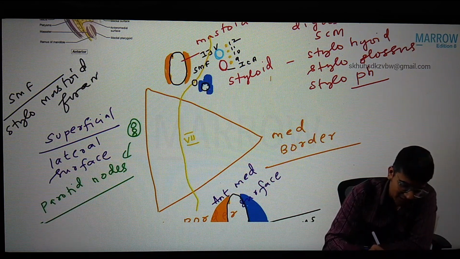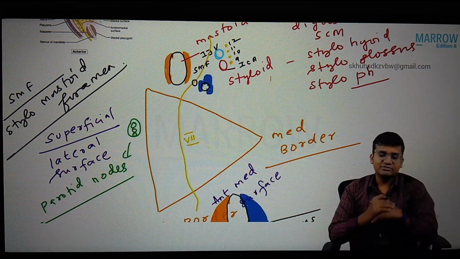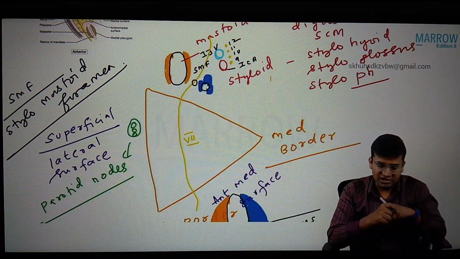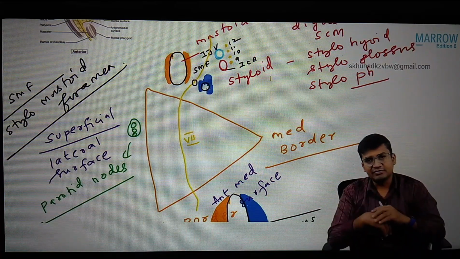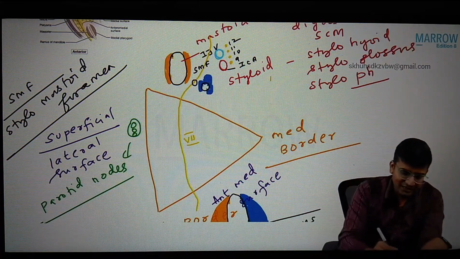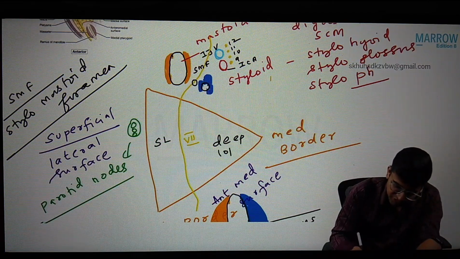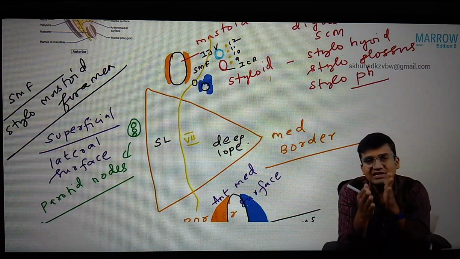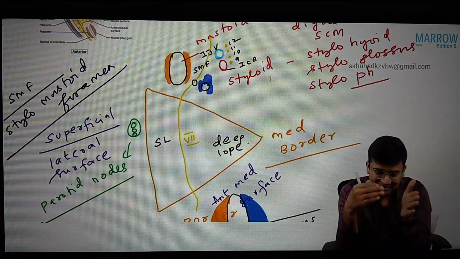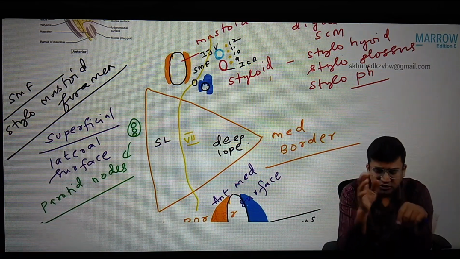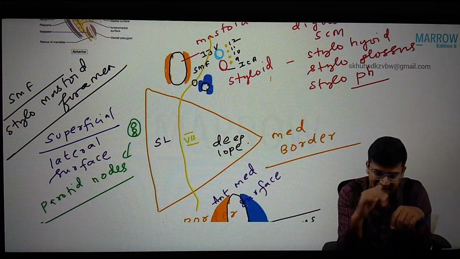So the facial nerve, after coming out of the stylomastoid foramen, enters the parotid gland and divides the gland into superficial lobe and deep lobe. So the facial nerve is like a parotid sandwich, which passes between the superficial lobe and deep lobe. We will see the contents passing through the parotid gland later.